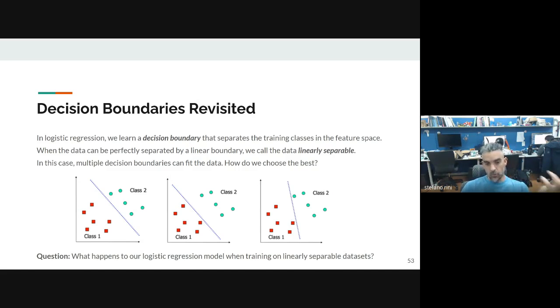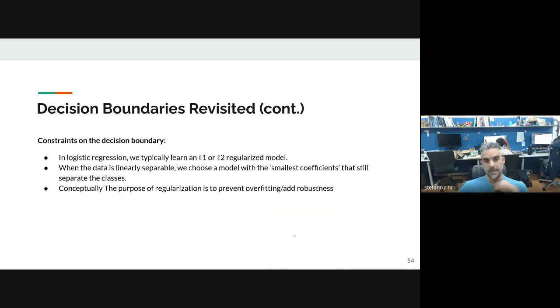So we need to add some more criteria, well thought out, that will tell us how we should choose the separator between the two classes. And this is generally not easy. Of course, again, we can go back to the idea of minimality, right? We could choose the line that has the smallest coefficients.